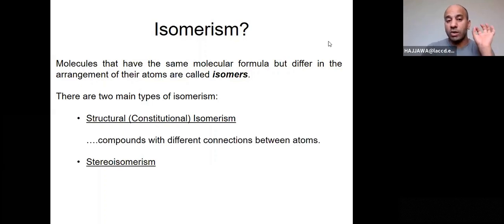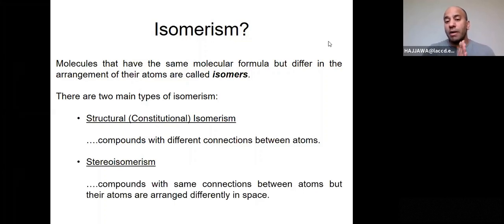But the one that is labeled structural or constitutional isomerism usually refers to compounds with different connections between atoms. And we will see examples of those. The ones that we put under the label of stereoisomerism are compounds with the same connections between atoms, but their atoms are arranged differently in space.